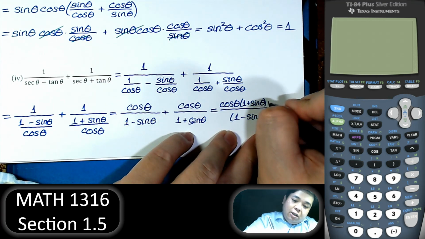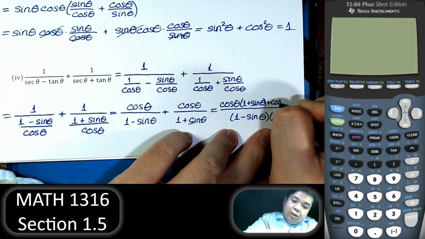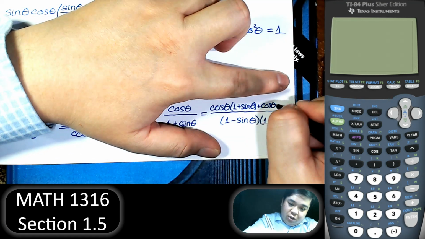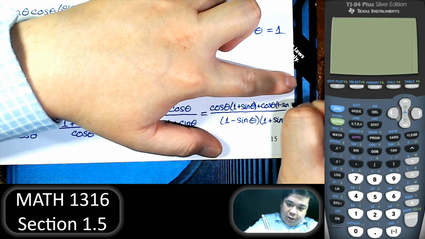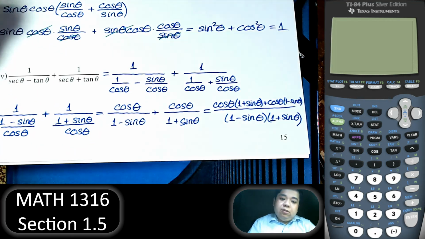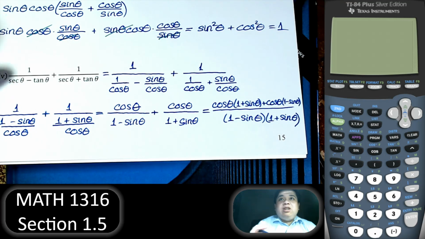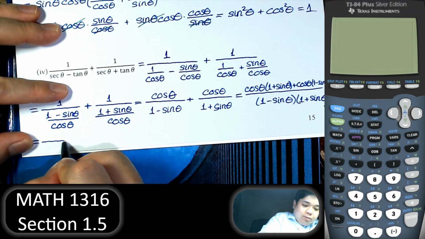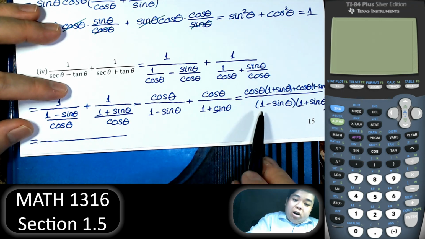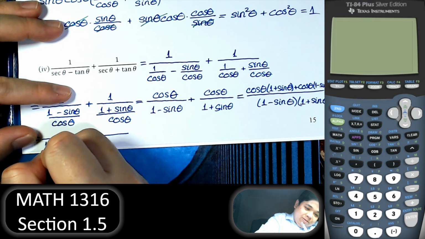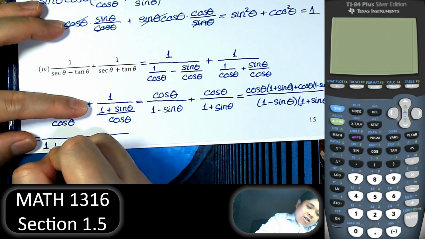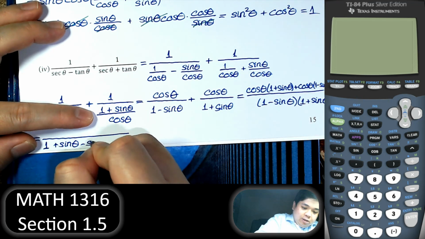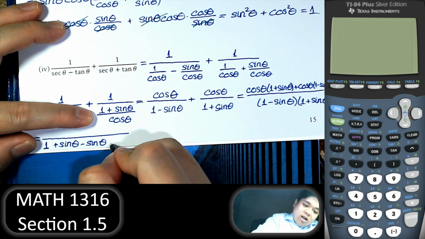And then plus cosine. Already have 1 plus sine, it's missing the 1 minus sine, so that would be 1 minus sine. Right, now just multiply all out and try to simplify. At the bottom, 1 times 1 plus sine theta minus sine theta minus sine square.